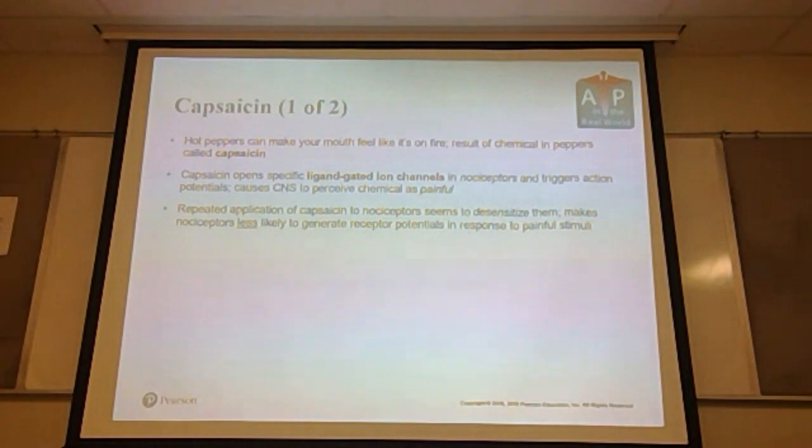Repeated application of capsaicin to nociceptors seems to desensitize them, makes them less likely to generate receptor potentials in response to the painful stimuli. Therefore, capsaicin is applied as a topical cream to relieve pain in peripheral nerve disorders called neuropathies, or shingles is another example, and some other conditions.